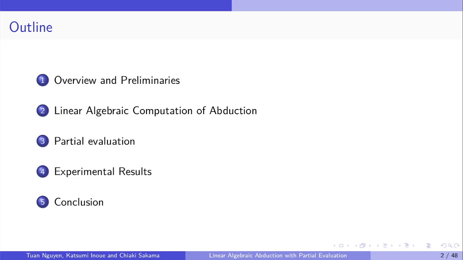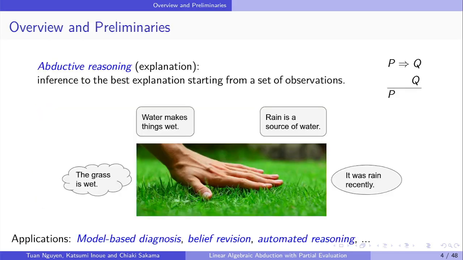In the third section, which is the main contribution of our work, we present partial evaluation in the language of linear algebra. Finally, we will demonstrate our results in the fourth section, and in the fifth section, we close my talk with conclusion and discussion. So let's move on to the first section.